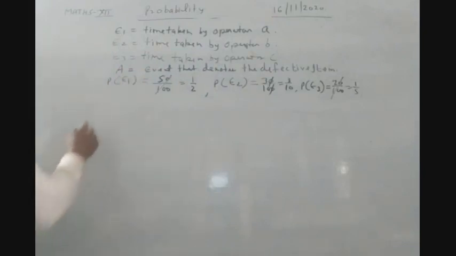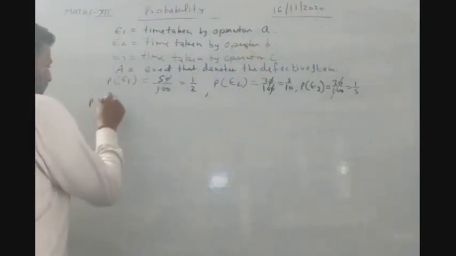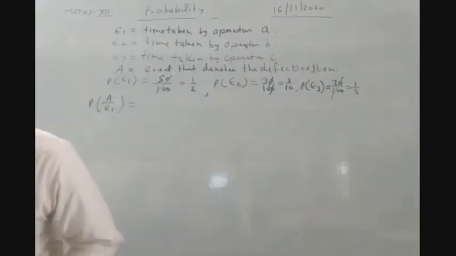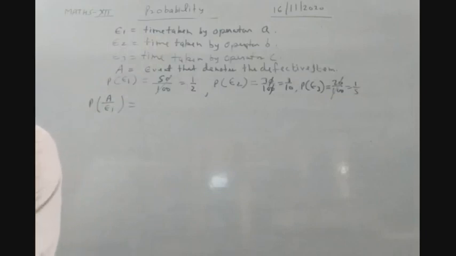Now we have to find out A by E1, because in the question at the starting we are given that operator A produces 1% defective items.